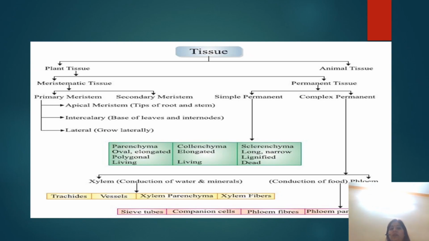We have studied that xylem is made up of four types of cells: tracheids, vessels, xylem parenchyma, and xylem fiber. And phloem is made up of four elements: sieve tubes, companion cells, phloem fibers, and phloem parenchyma.